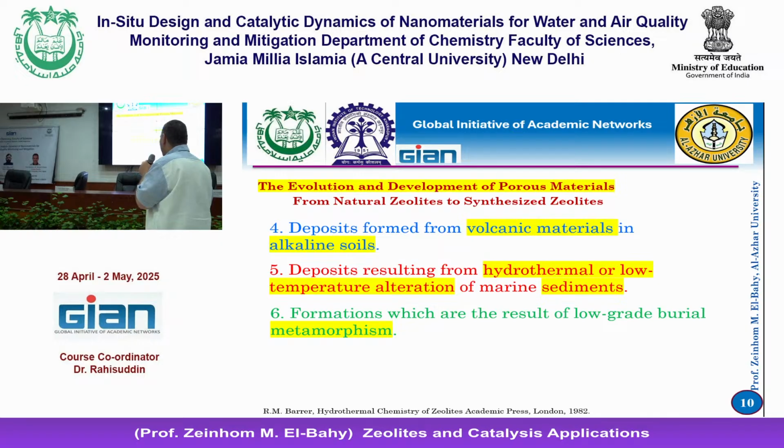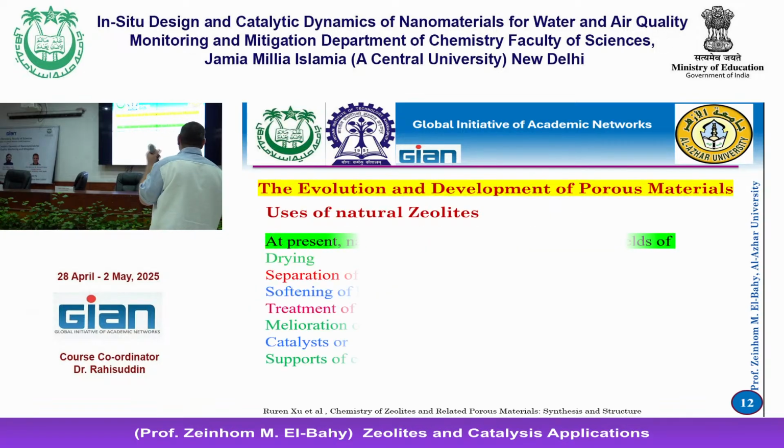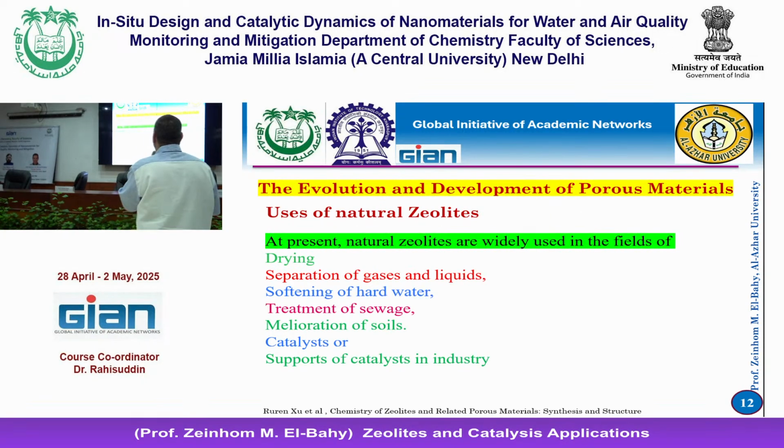Now we go to how they tried to prepare it. They discovered around 40 types of zeolites, and then discovered the others, so they tried to prepare zeolites. At present, natural zeolites are widely used in the fields of drying, separation of gases and liquids, softening of hard water, treatment of sewage, melioration of soils, and catalysis or supports of catalysts in industry.